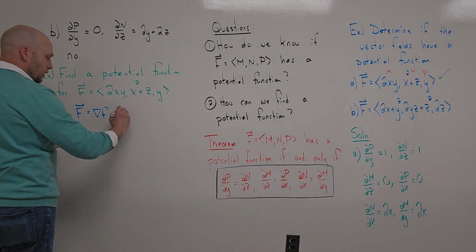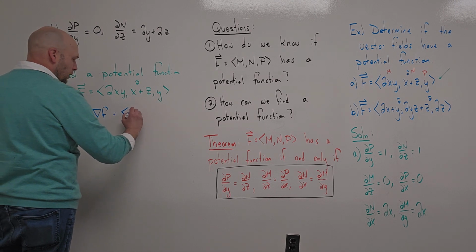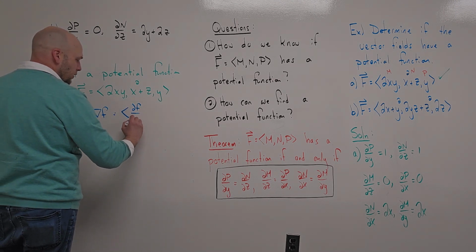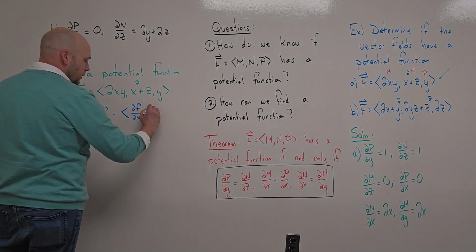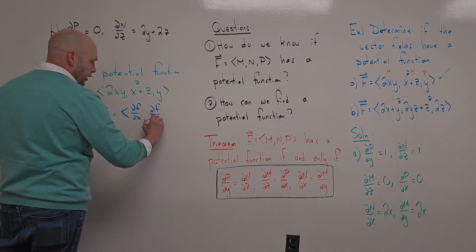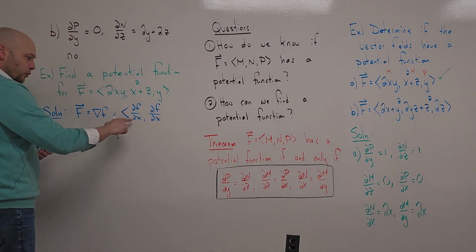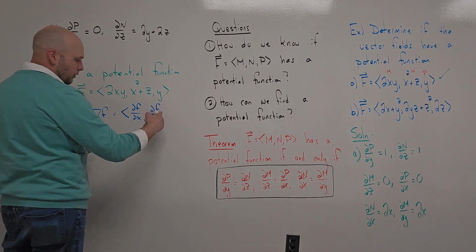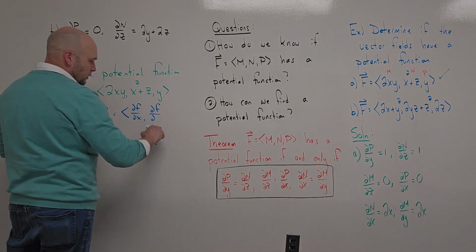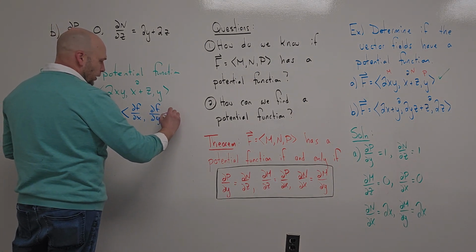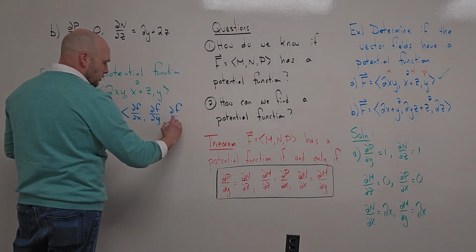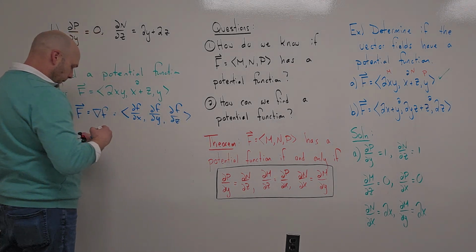Because remember that the gradient of a function is the vector field generated by the partial derivatives of the corresponding components. That means I take the partial derivative of the function f with respect to the first variable, the partial derivative of f with respect to the second variable, and then the partial derivative of f with respect to the third variable.